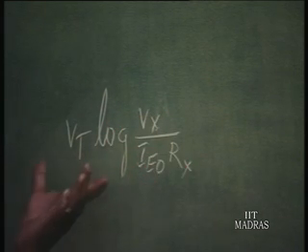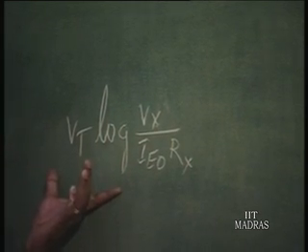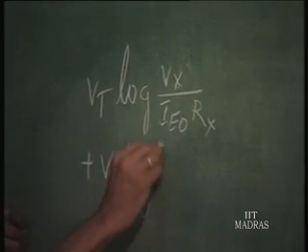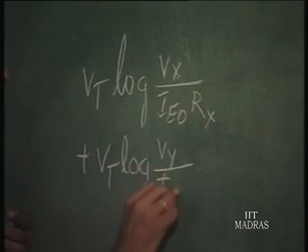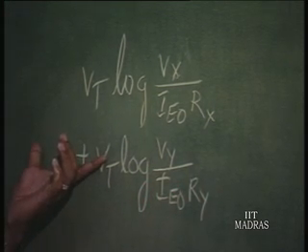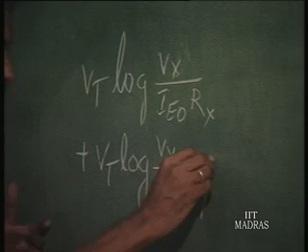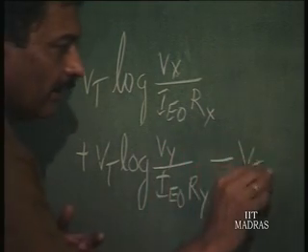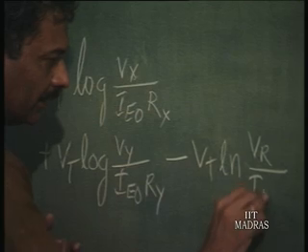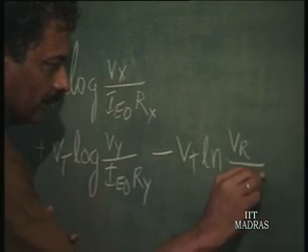This is the normal log amplifier without any compensation. To this we add Vt log Vy by IE naught Ry. Then from this we will subtract Vt log Vr divided by IE naught Rr.